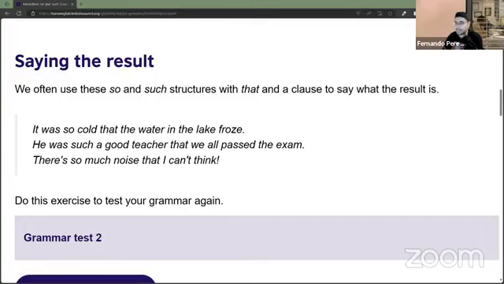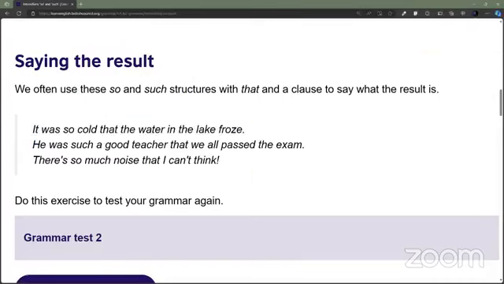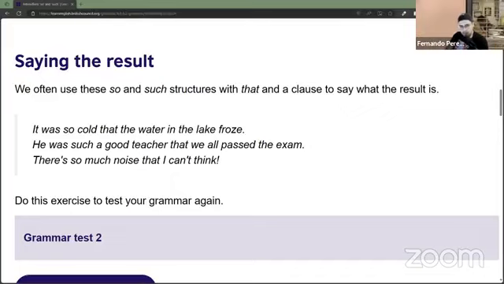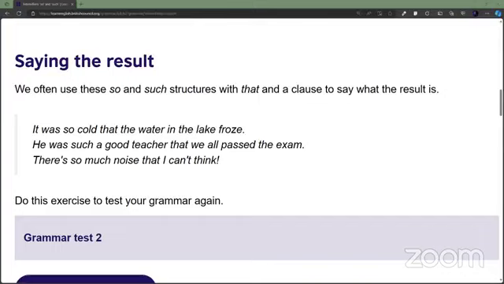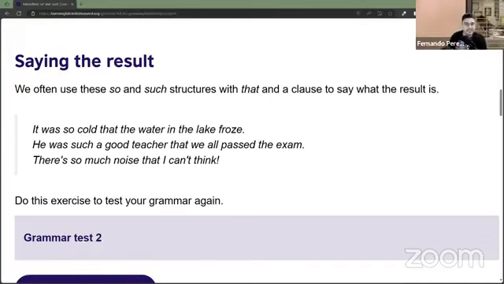So, like giving a result. I want you to imagine the situation. In what situations do you think you would need it? Yes, the exam was so difficult that we failed. That we what? Quit. Is it quit? Oh, quit. Okay, quit. The exam was so difficult that we quit.